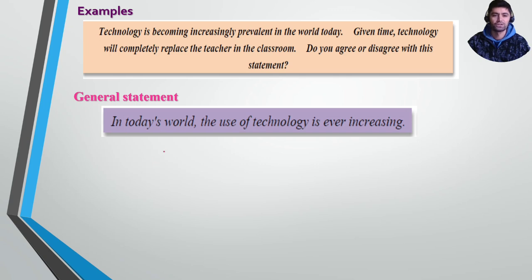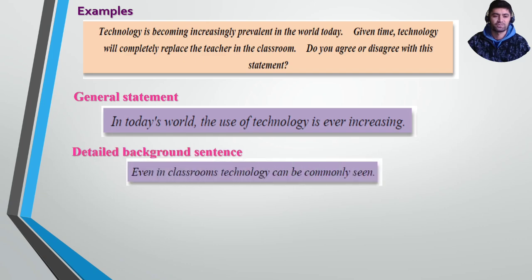In today's world, the use of technology is ever increasing. Next, detailed background sentence. So here is our detailed background sentence to this example question. Even in classrooms, technology can be commonly seen.